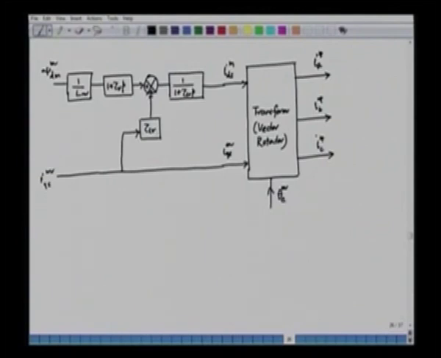So we can add the slip speed, but first of all we have to evaluate what is the slip speed. So the slip speed is evaluated in the following fashion. We have a block which will have this value 1 plus tau Lr p, and this is our IQS, and we have a divider block here.